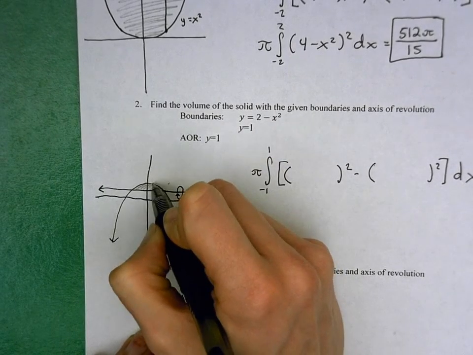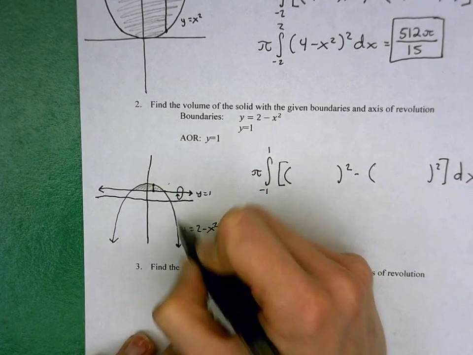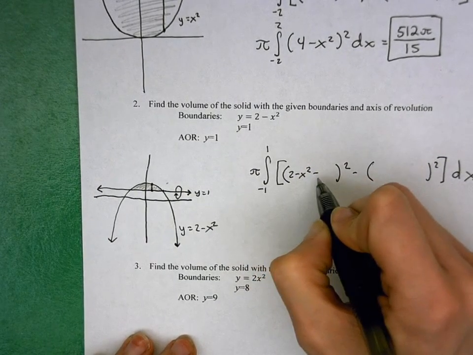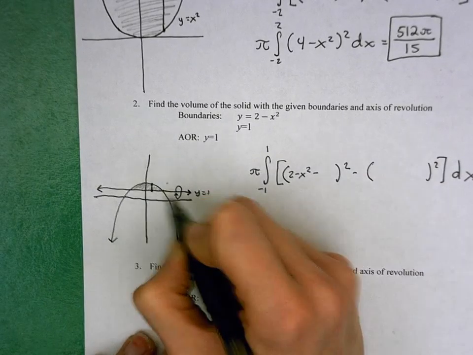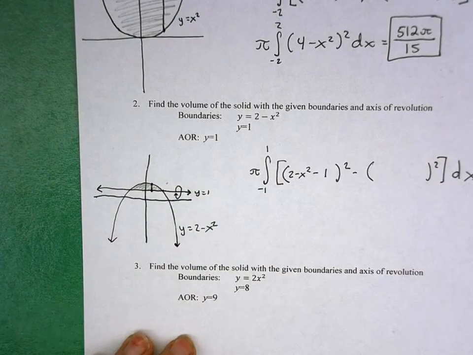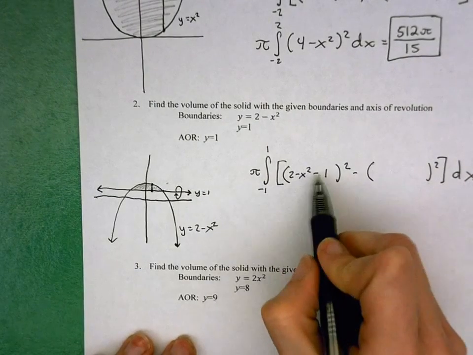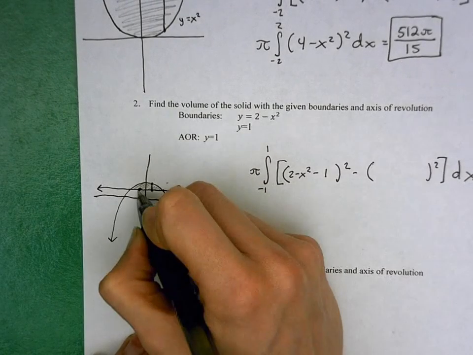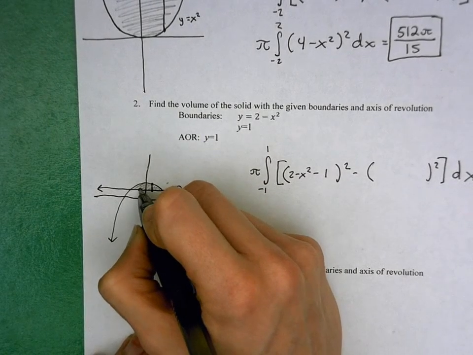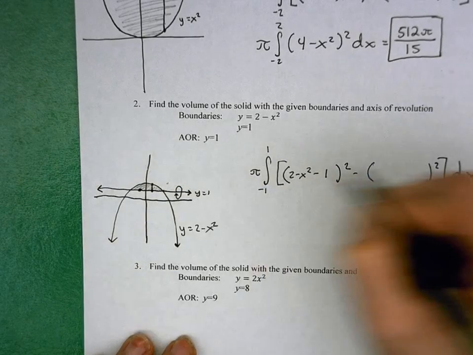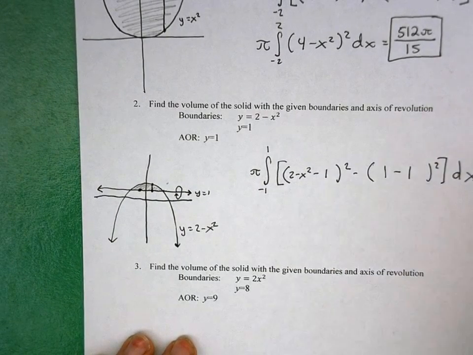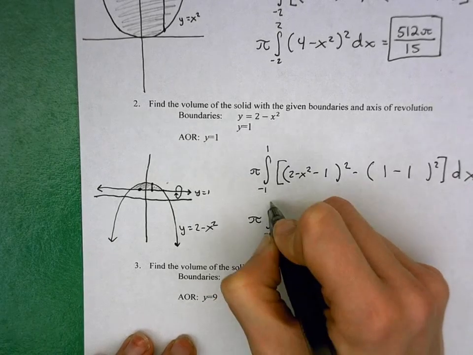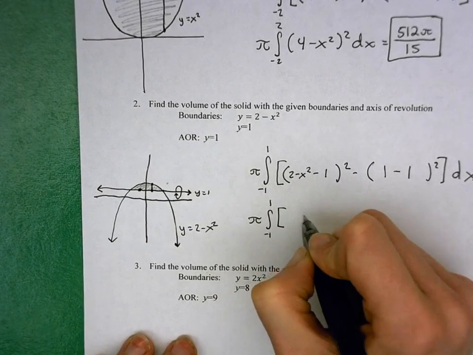And then upper minus lower, my upper point here sits on the quadratic, which is 2 minus x squared. My lower point here sits on y equals 1. So upper minus lower. My small r is from the axis of revolution to the closest point, which hasn't moved at all. It started on 1 and ended on 1, which is 0. There's no distance between the axis of revolution and the closest point of my shaded region.